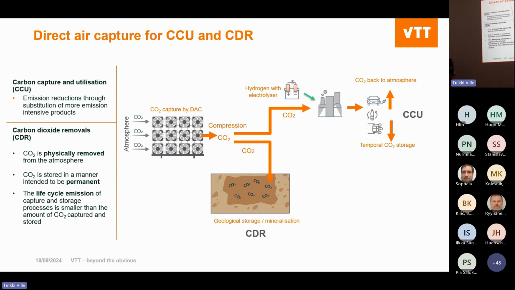So the emissions of this capture and storage process need to be lower than the amount of CO2 captured. So DAC could be used for both of these processes. And here we have very high energy demand for the DAC process itself, and also for the electricity production for hydrogen.